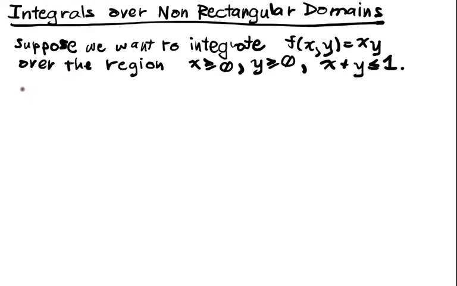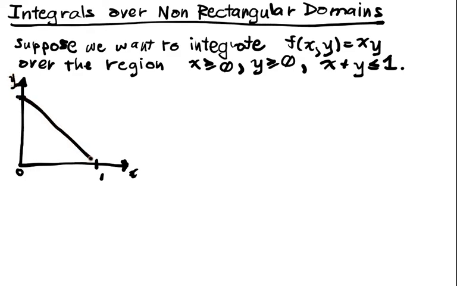The picture of that region is, of course, I have 0 here, 1 here, this is x, this is y, I have 1 here. I have everything in here. I want to integrate that function, and that function is living on top of this region, right?